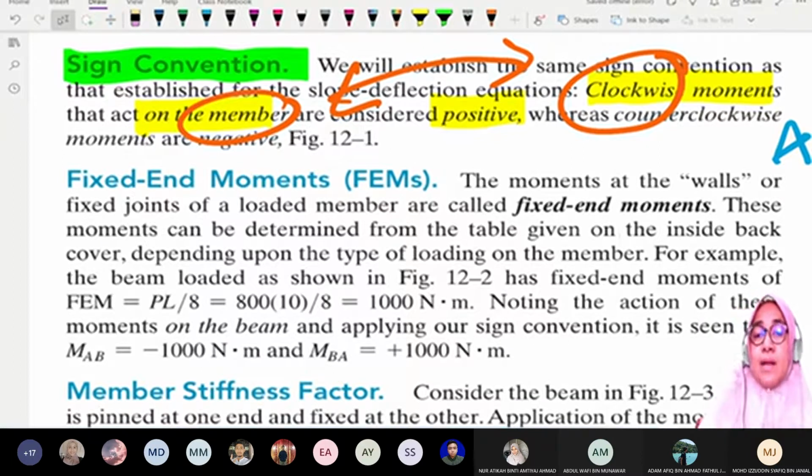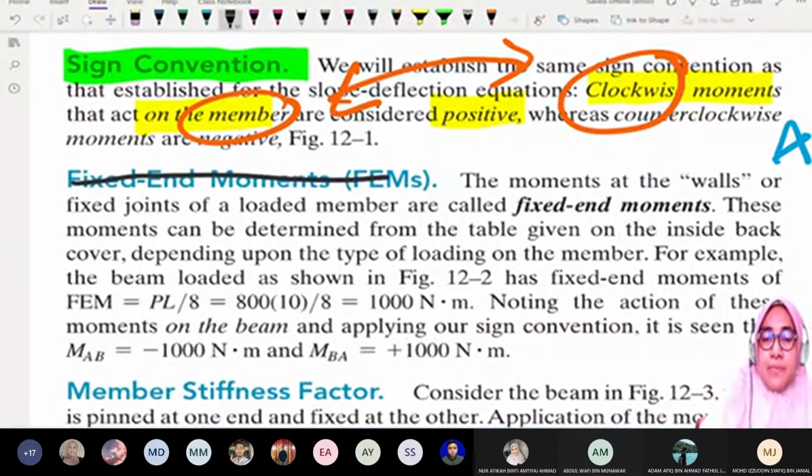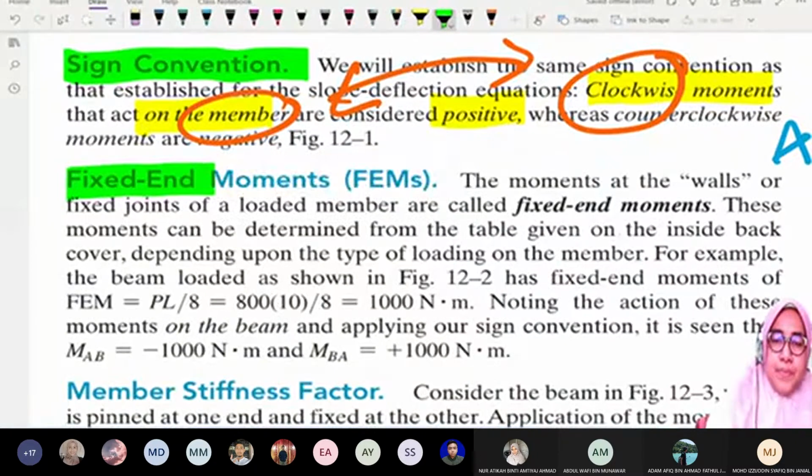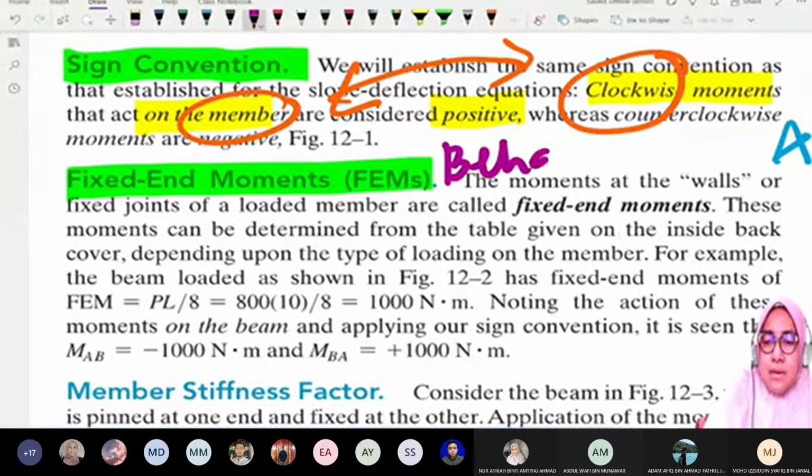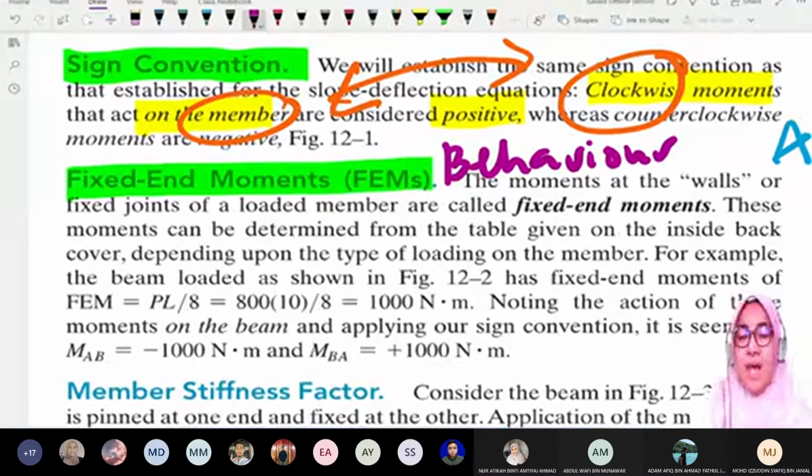So dia bukan sama dengan yang atas, sebab yang bawah ni dia behavior. So please remember yang ni behavior. Fixed end moment behavior. So the moment direction is based on the behavior.